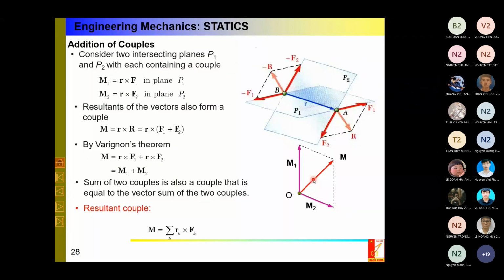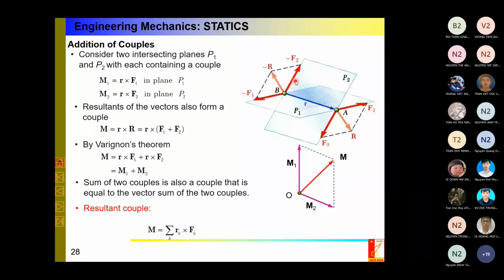The second one, because I use the vector operation, in this case you see that I can take advantage of many operations. For example, addition of couples by using, for example, one couple here, F1 and minus F1 here, F2 and minus F2 here. So there are many ways to do it.